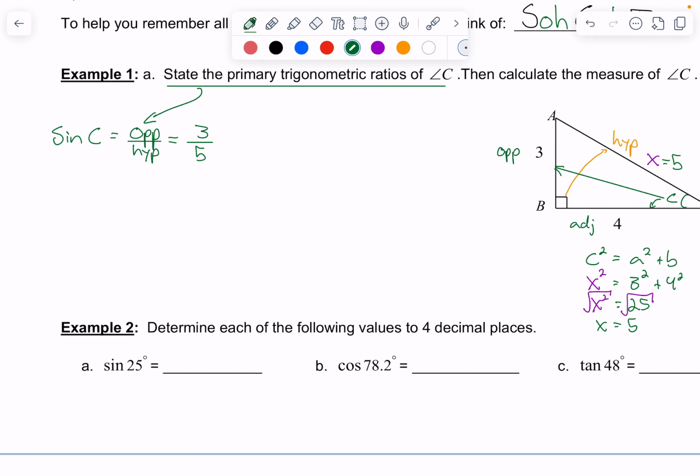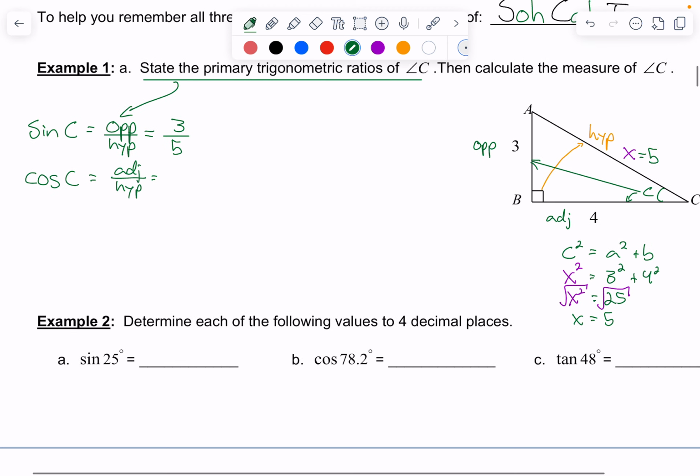All right, let's do the other one. Cosine of angle C is the adjacent over the hypotenuse. Sweet, we calculated the hypotenuse. Our adjacent relative to angle C is 4. Our hypotenuse was 5.